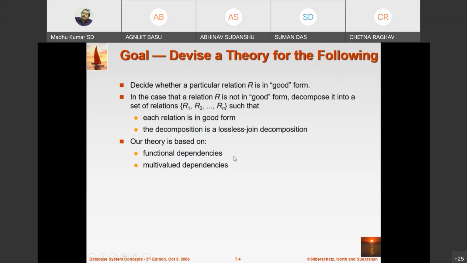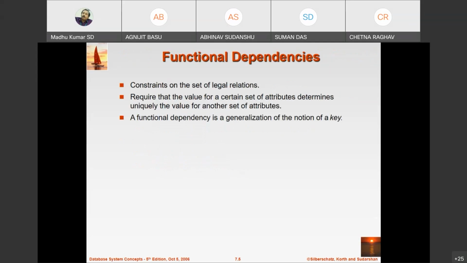There are different types of dependencies. One is FD, functional dependency, another is multi-value dependency, and you have JD, join dependencies, and many other forms of dependency. So let us see what functional dependencies actually are.